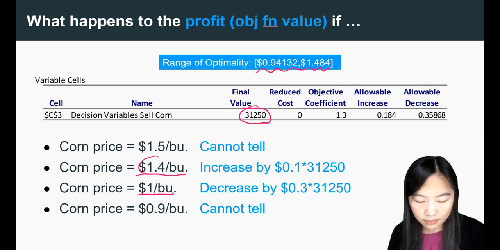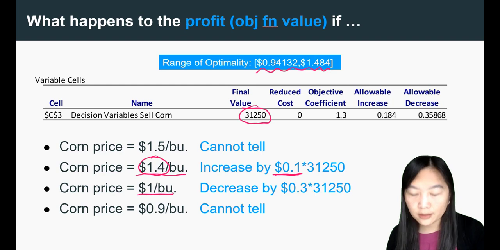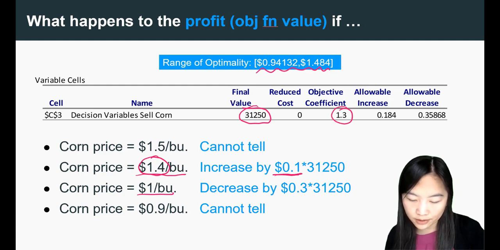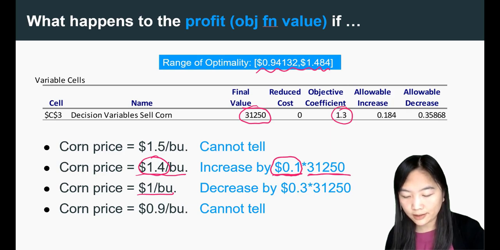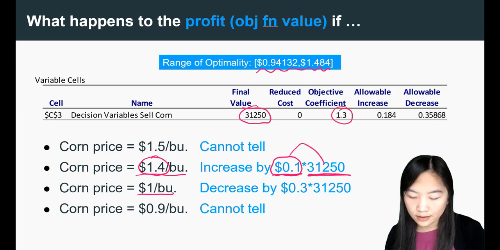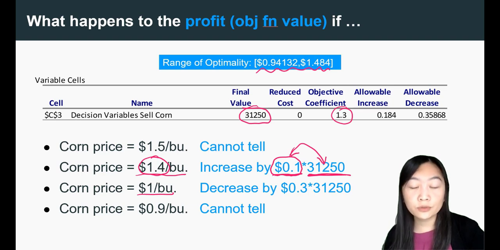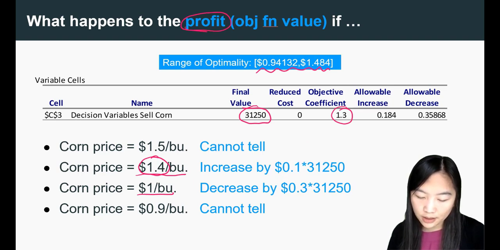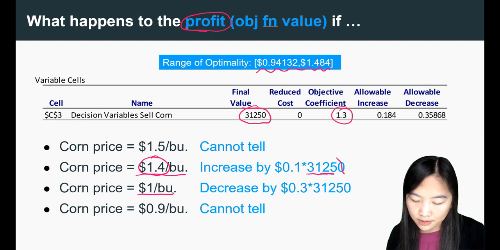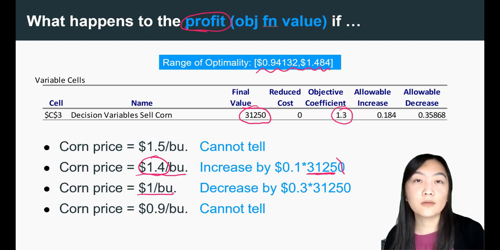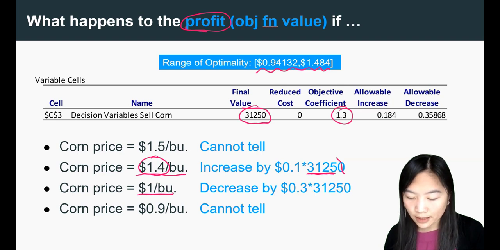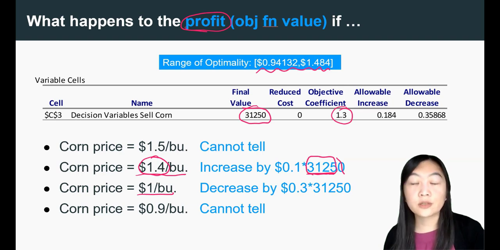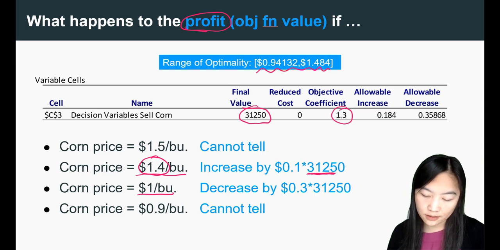And because this 1.4 increased by $0.1 compared to the original price, this is the price increase, and this is the optimal solution. If you take the product of those two, that is the increase in your profit. If you calculate this number, it will be this amount, $3,125. So that is the increase in your profit, or your objective function value.